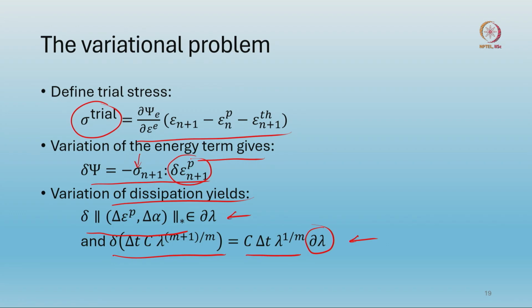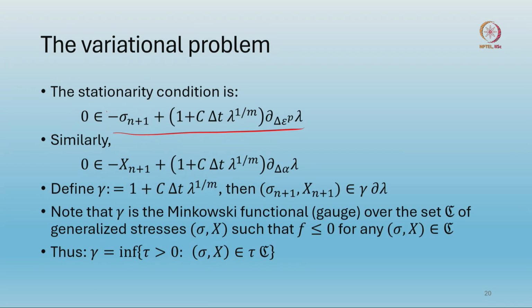Similarly, you can just take out the appropriate factors, so that the coefficient of that factor is just this. So this is one of the equations for which we are taking the variation with respect to delta epsilon p, all right, and you have also to take the variation with respect to delta alpha. So we have written it in 2 equations instead of one. First take the variation with respect to delta epsilon p, then take the variation with respect to delta alpha, and you get these 2 equations.